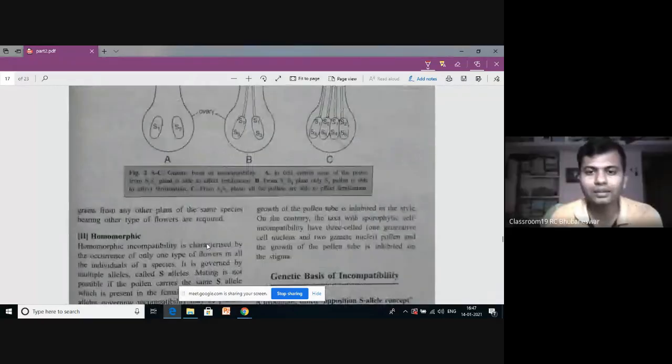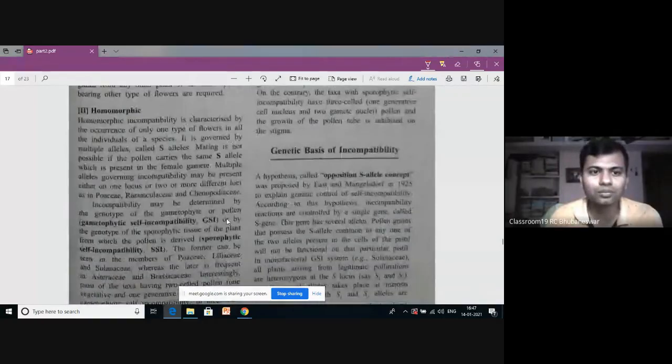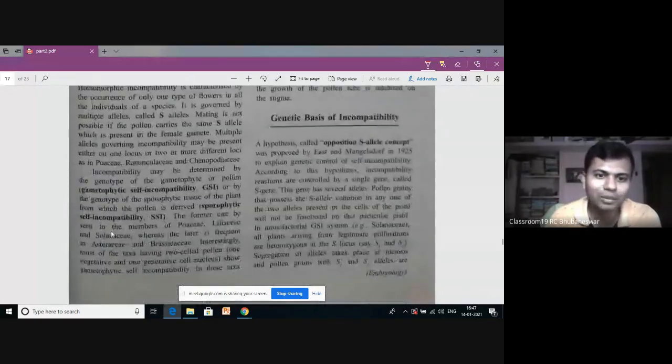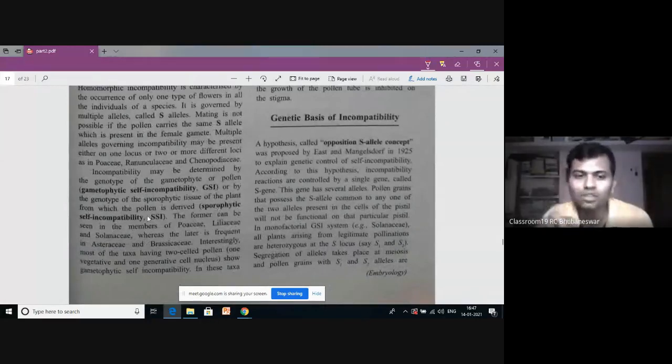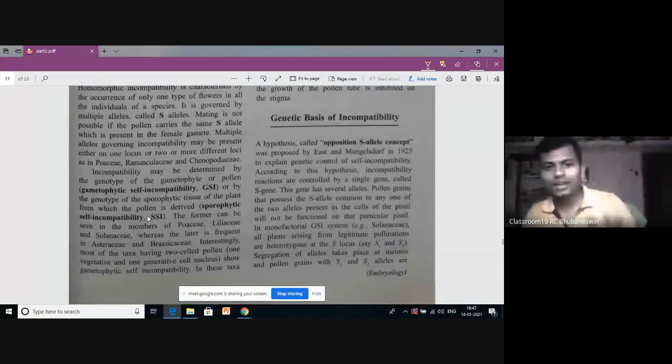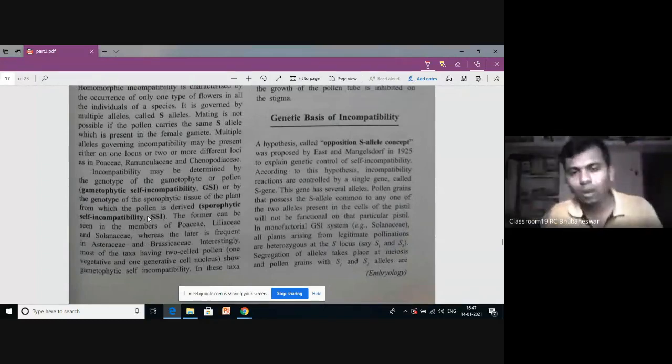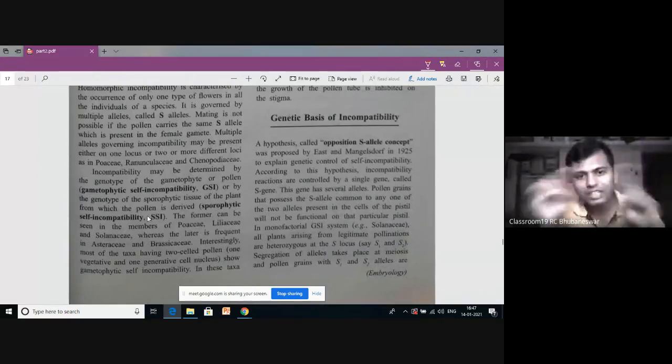Look at, about incompatibility there are two types, gametophytic self incompatibility and sporophytic self incompatibility. Here I'm giving some concept of what is gametophytic and what is sporophytic self incompatibility. Always think that the pollen grain has an outer exine, and just below the exine the intine is present.